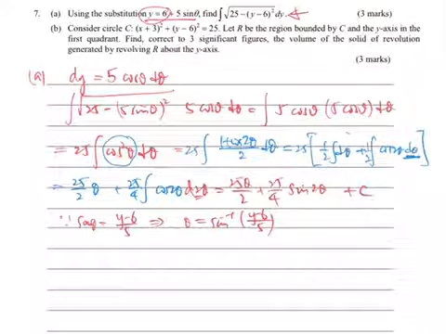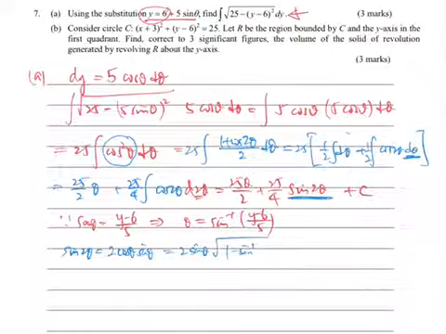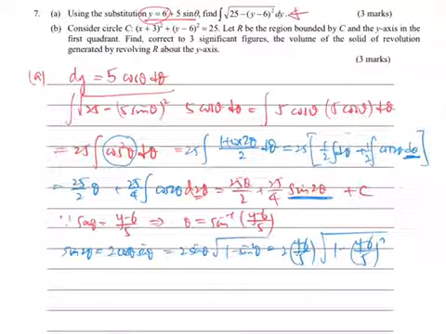But for the second term, sine 2 theta is 2 cosine theta sine theta, and the cosine theta can change to root of 1 minus sine squared theta. So it is 2 times (y minus 6) over 5, and then root of 1 minus ((y minus 6) over 5) all squared.